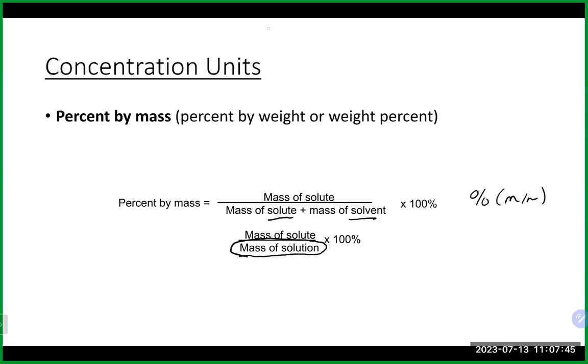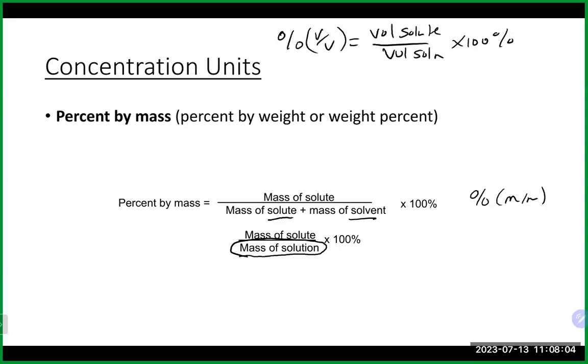There are a couple of other percent concentration units. There's percent volume to volume, like in alcohol. That is the volume of solute over the volume of solution times 100%. That's like milliliters over milliliters, essentially.